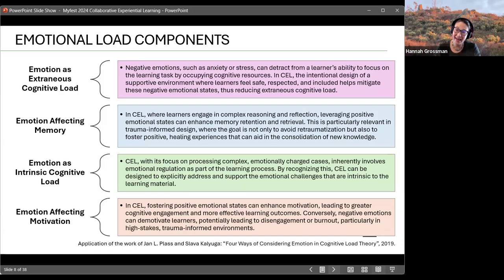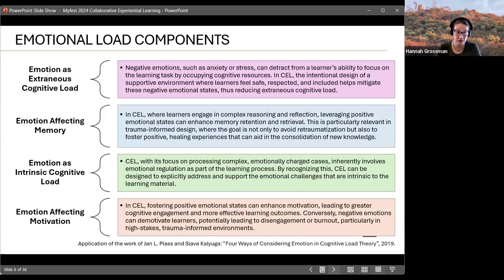A second impact of emotional load is how emotion shapes memory. So that cognitive load of remembering in the collaborative load, they find if you prompt people with negative, they will remember more negative. If you prompt with positive, they will remember more positive. And the way that you prompt and the way you prime can really affect your learning.